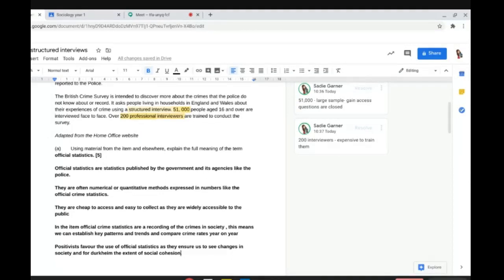You could put social solidarity. It doesn't have that togetherness. We're breaking apart if we've got too much crime. A little bit's good, but too much suggests that there's too much social change happening. It's a good measure to keep an eye on those stats and go, oh, they're going up too much. We need some solidarity or some cohesion, some togetherness. So that's the 5 marker.